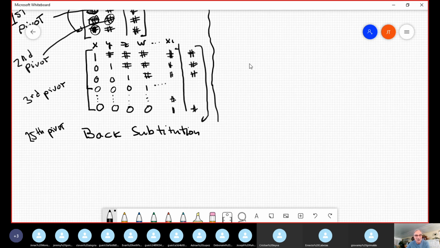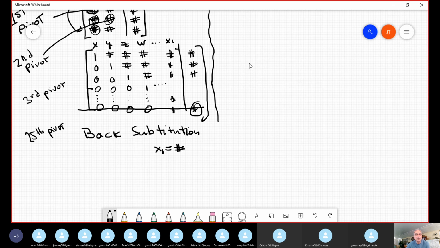So the last row is 0X, 0Y, 0C, 0W. The only one that stays alive is X1. X1 is equal to this number. I copy that.